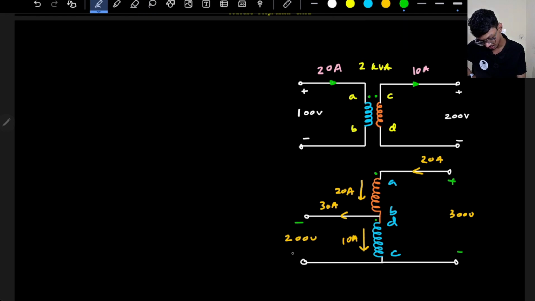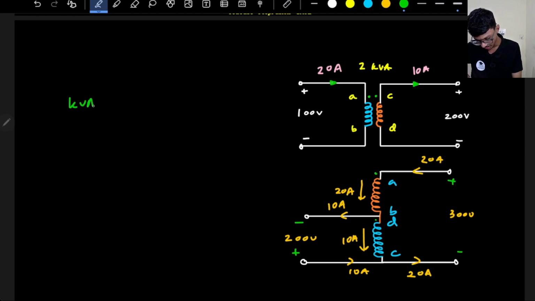So this will be minus plus. What will be the direction of the current? This will be 10 ampere only. This 10 ampere is flowing from here, so here again 10 ampere will come. So overall 20 ampere will go. What is the kVA rating here as well?